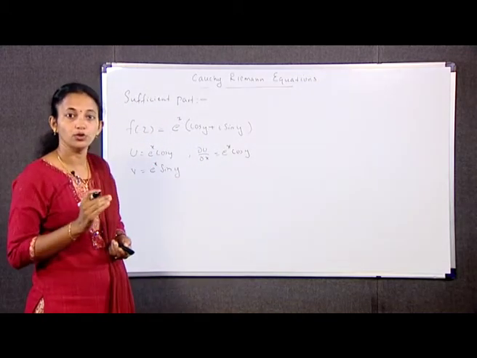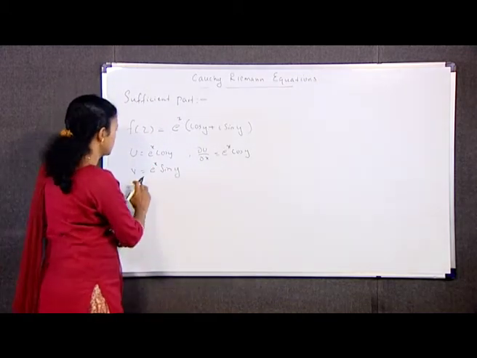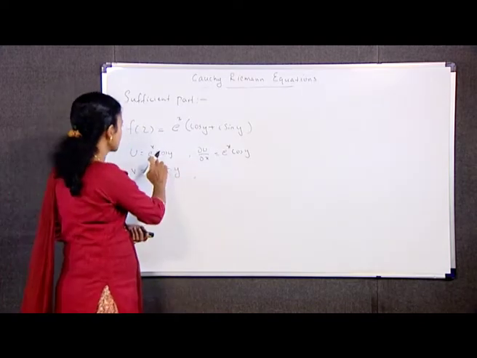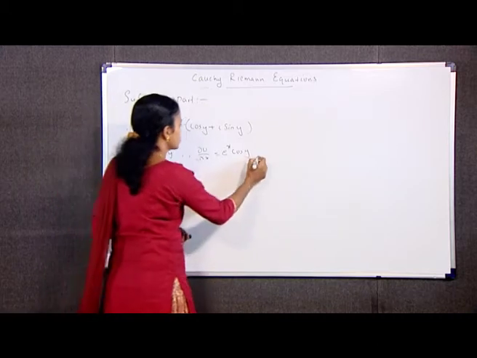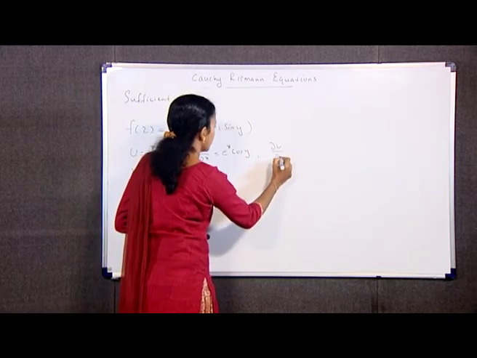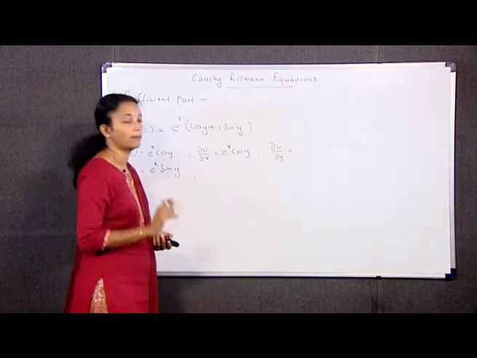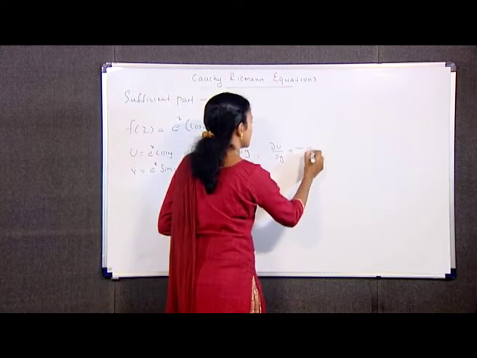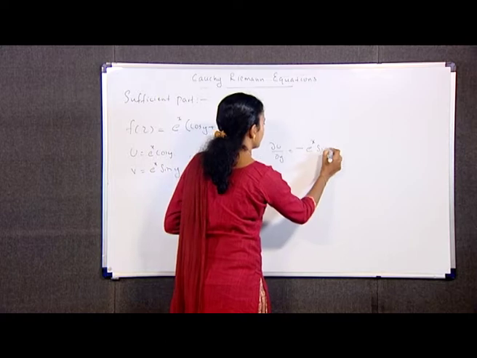Similarly, dou u by dou y, here it is e raised to x into cos y, so dou u by dou y is equal to minus e raised to x sin y.